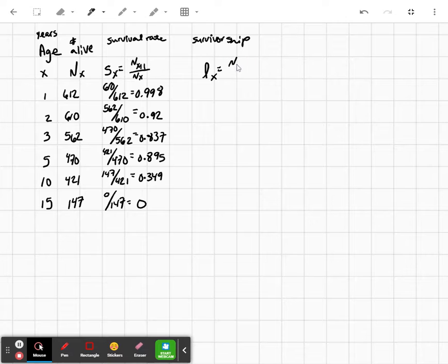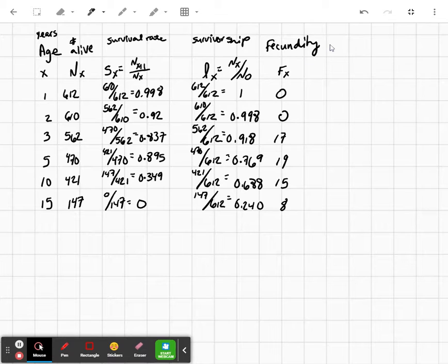So that will be the current age class divided by the initial age class each time. So this first one is 612 divided by 612. The next one is 610 divided by 612, and so on. 562 divided by 612. So I'll do the math.